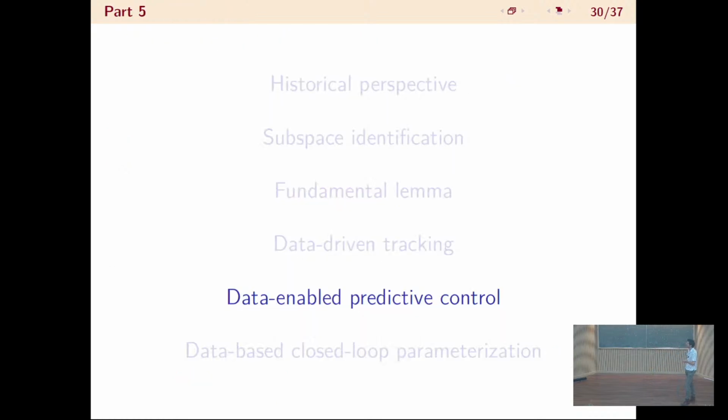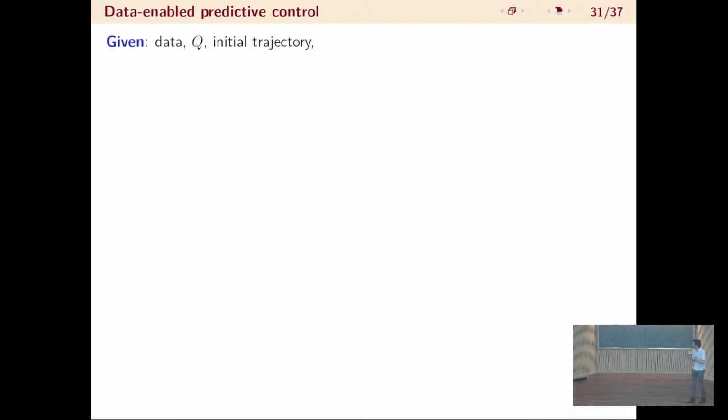Okay. So about this follow-up work, again, I already explained the idea a little bit. This was the work by Coulson and co-authors. The idea is to repeat this computation of this finite horizon tracking problem and to make it into an online procedure.